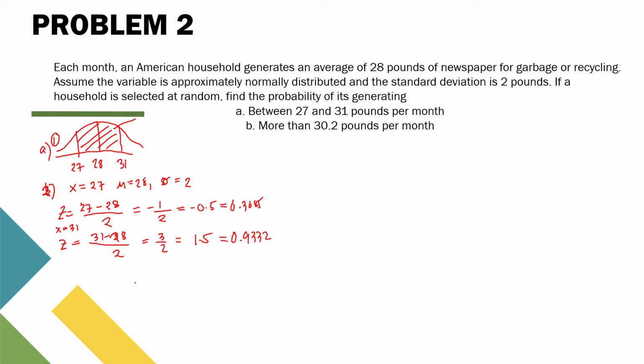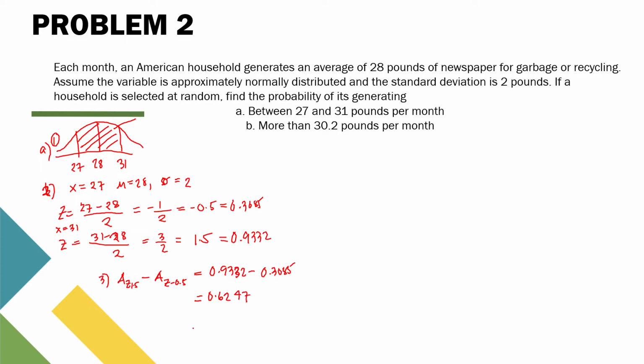So 0.9332. Step number 3, we have to subtract the area of the bigger one. So the area of z 1.5 minus the area of z negative 0.5. So this is 0.9332 minus 0.3085. So the area is equal to, if we subtract, 0.6247.